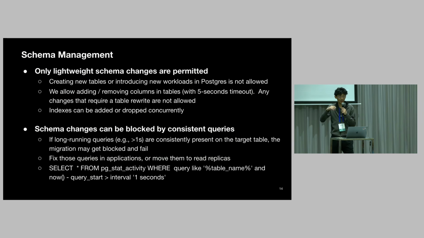If we always find some queries present, we basically think that those queries are blocking schema migrations. If that happens, we want the user to fix those queries in the application, or at least move them to replicas so that it can unblock the schema change on the primary.